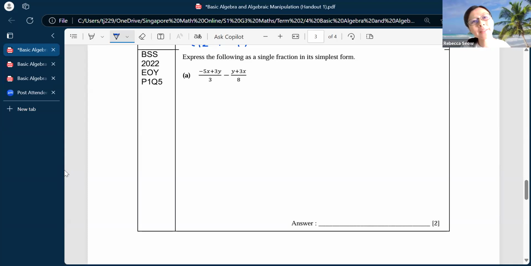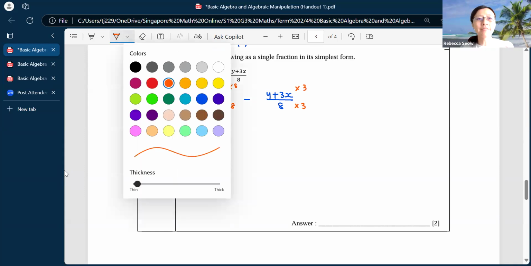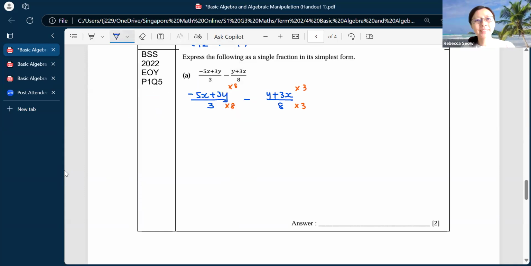Okay, so let's copy down the question first. Going to multiply numerator and denominator by 8 for the first fraction, and multiply numerator and denominator by 3 for the second fraction.